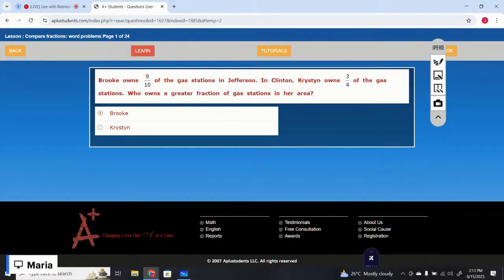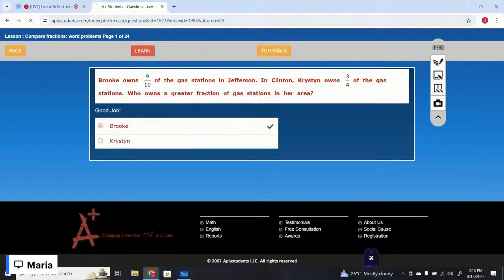9 by 10 is greater than 3 by 4. Option number 1 is the correct option. So, Brooke is greater than Kristen.